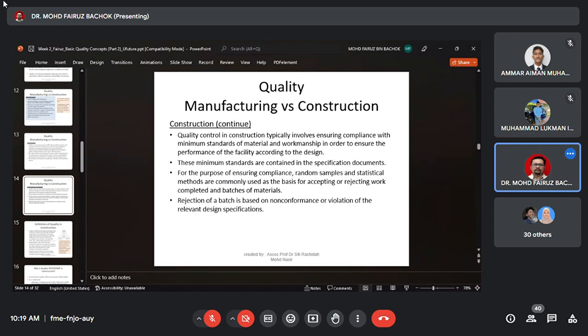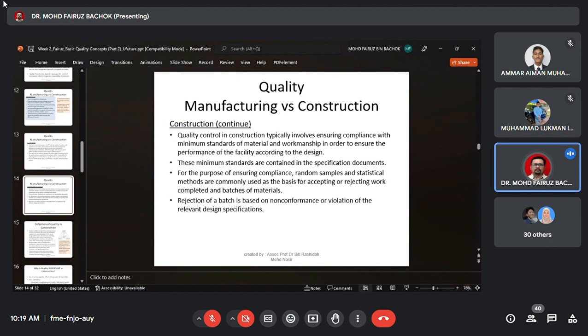That's the way you control to reduce rejected work. This is the strategy to ensure compliance. Everything must have a sample, analyzed by standard statistical methods, and then there is control, so we minimize the damage, deficiency or defects at the construction site.